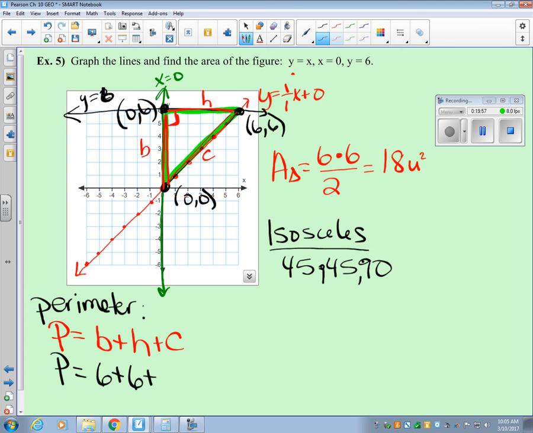So 45, 45, 90. What is the hypotenuse? How do I go from 45 to 90? What's my multiplying factor? Root 2. We know it's Pythagorean theorem. Got a bunch of roots running around in Pythagorean theorem. And it's actually the leg times the square root of 2. So the perimeter of this guy is going to be 12. Let's get my math right. So 6 plus 6 is 12 plus 6 root 2.